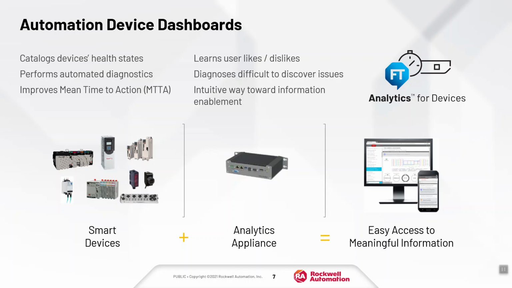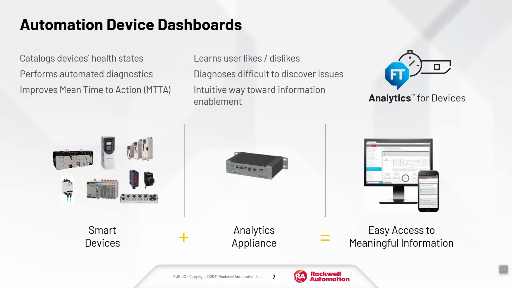So in our previous sessions, we talked about Ethernet enabled devices like controllers and switches, VFDs and smart sensors, right? Every one of those different technologies has an Ethernet IP address. What this analytics appliance does is capture information that exists on every one of those assets and put it in a format that is really easy to consume.